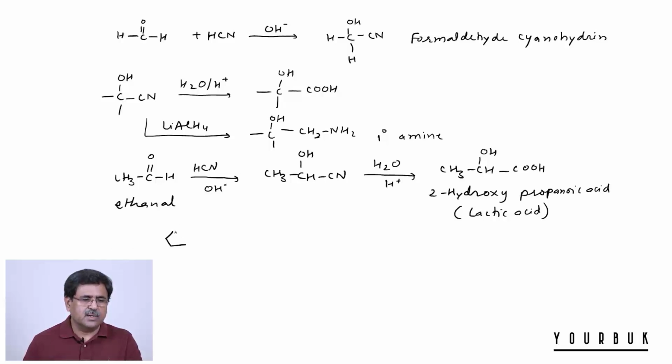Now next example is this. This is called benzaldehyde. Benzaldehyde also reacts with hydrogen cyanide. So on reaction with hydrogen cyanide in alkaline medium, it gives this cyanohydrin.